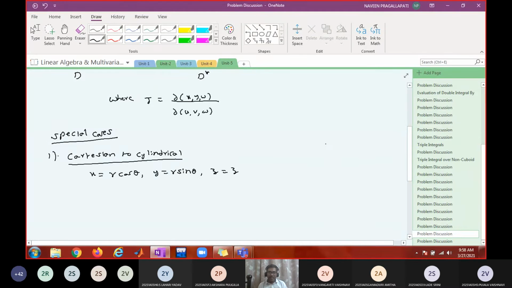What do you mean by cylindrical coordinate system? If you have a point x, y, z here, how do you reach this point from the origin?